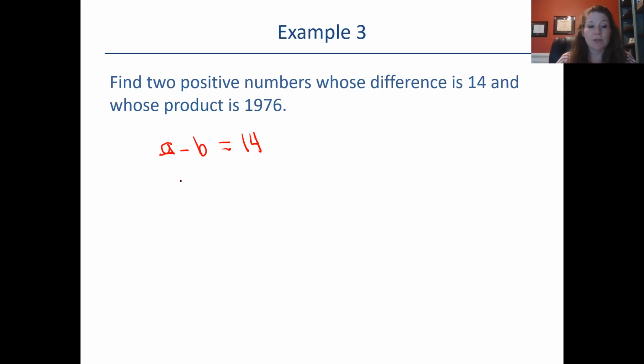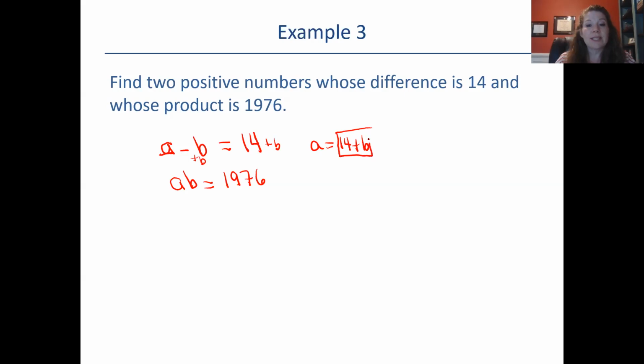Product in math means we multiply, so A times B is 1976. This is a system of equations, two equations. We can make the top one equal A by adding B to both sides, canceling out the B. So A is equal to 14 plus B.